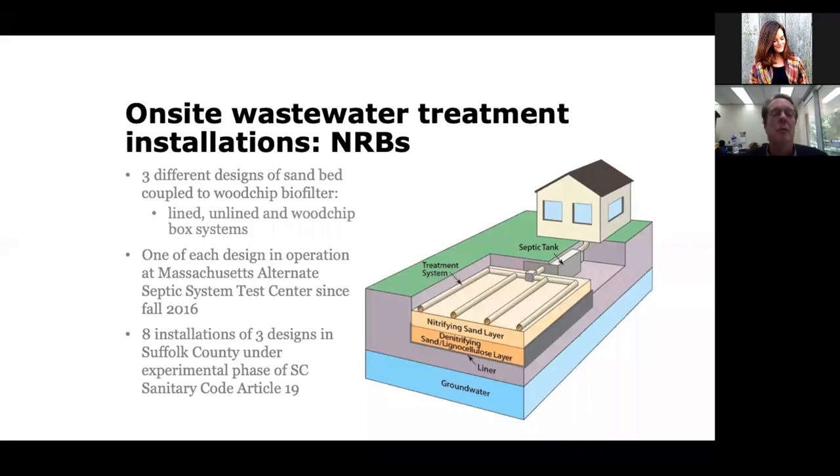We have one of each of these designs up near Otis Air Force Base at the Massachusetts Alternative Septic System Test Center. We've had that up there for 3.5 years. And over the course of the last 2 years, we've installed experimental phase designs, 8 of them in Suffolk County.